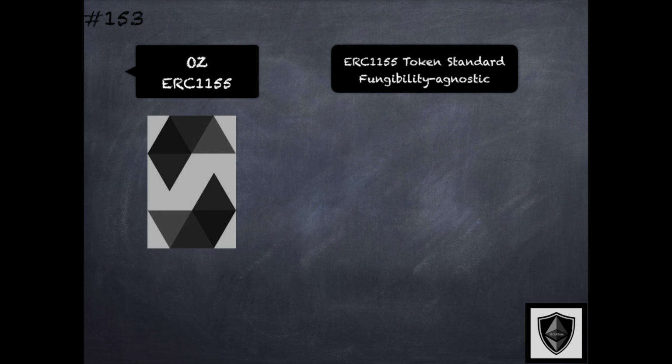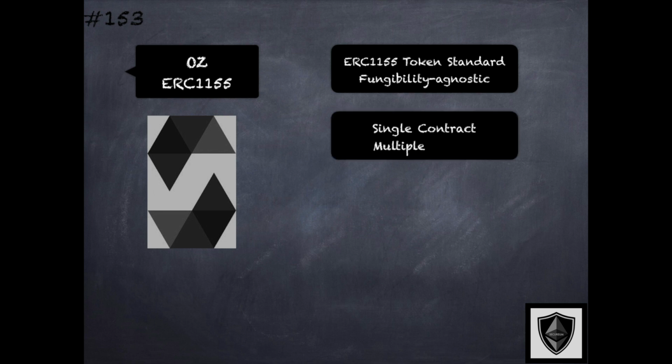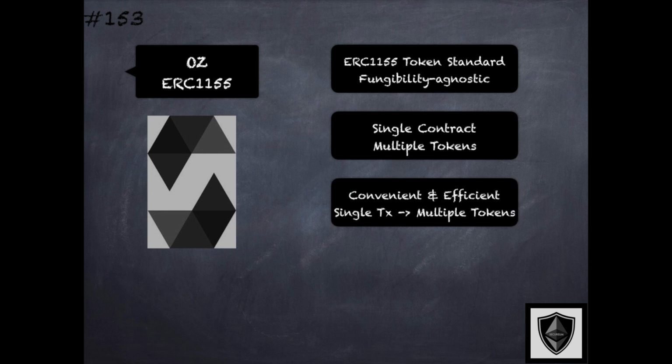ERC1155 is another token standard that allows a contract to manage tokens in a fungibility agnostic and gas efficient manner. So a single contract that implements this standard can manage multiple tokens, some of which can be fungible tokens like ERC20 or non-fungible tokens, NFTs, and all these are managed within a single contract.